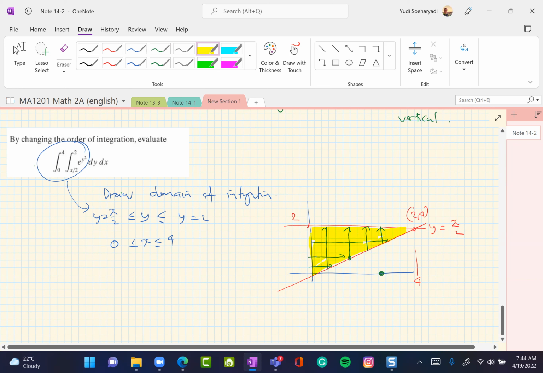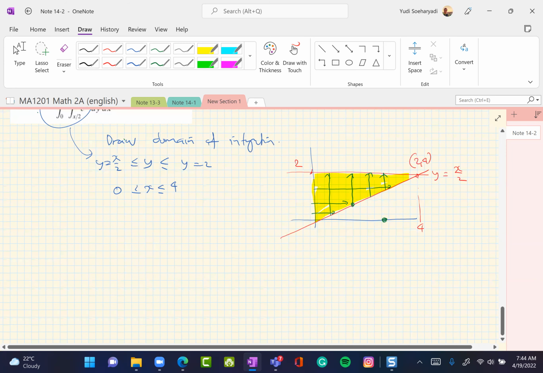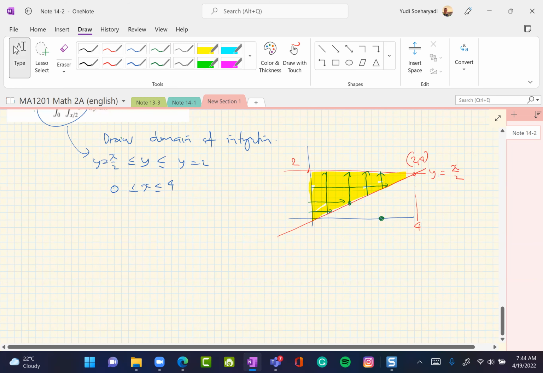All right, so now let's draw this in terms of switching order. When you switch order, we need another expression. So this expression is the same as x equals 2y.